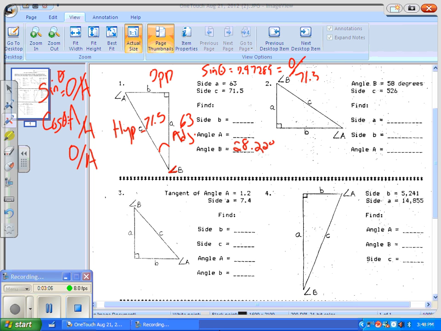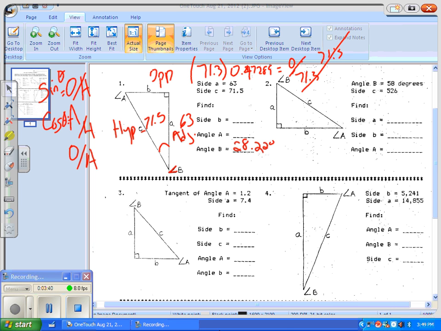If we just multiply both sides by 71.5, it will drop out, and we'll have O equal to 71.5 times 0.47289 and on and on. And we should wind up with 33.81. Is that correct? Anybody agree with that?